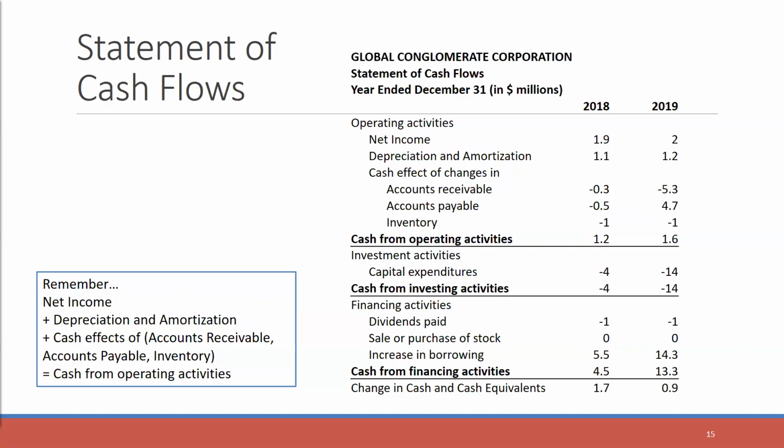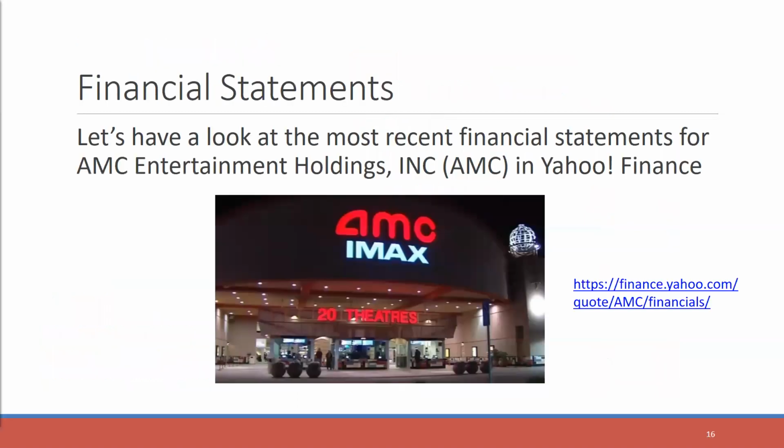If we sum our cash from operations and our cash from investing activities, and as the firm, our investing activities, remember, we're going to be building a brand new plant or acquiring a firm, a big capital expenditure. And then lastly, when we add in our cash from financing activities, we can get the change in cash and cash equivalents. So in 2018, our change in cash and cash equivalents was 1.7 million. And in 2019, our change in cash and cash equivalents was 0.9 million.